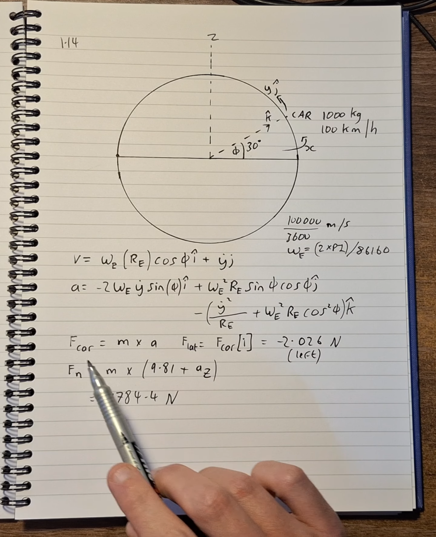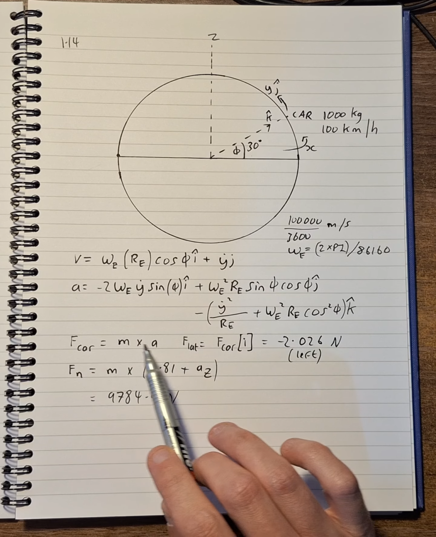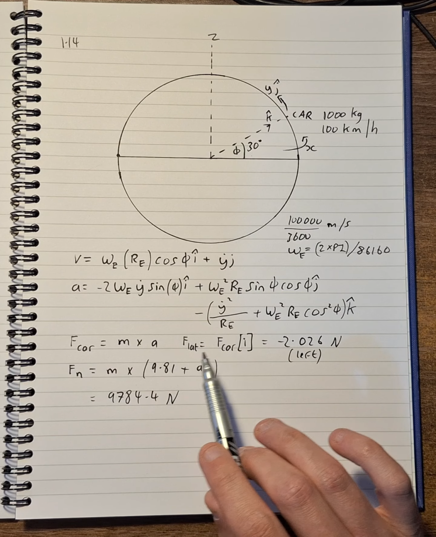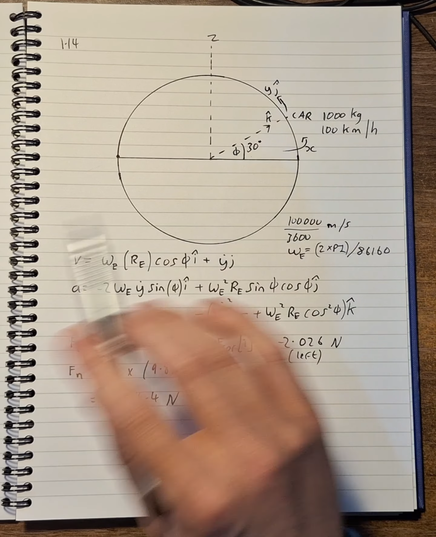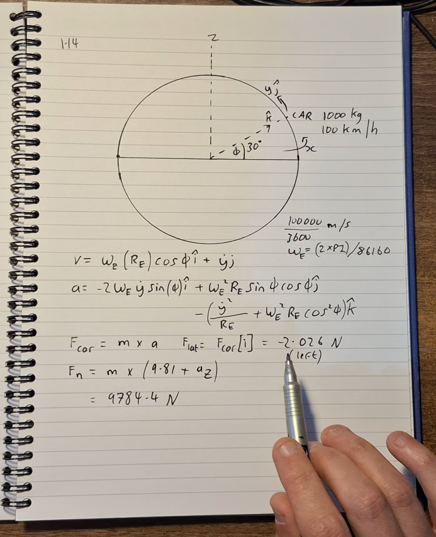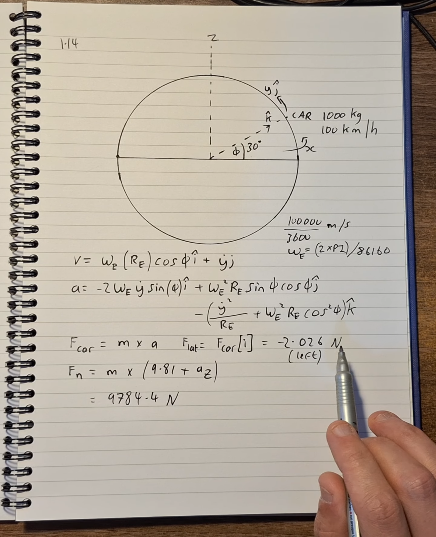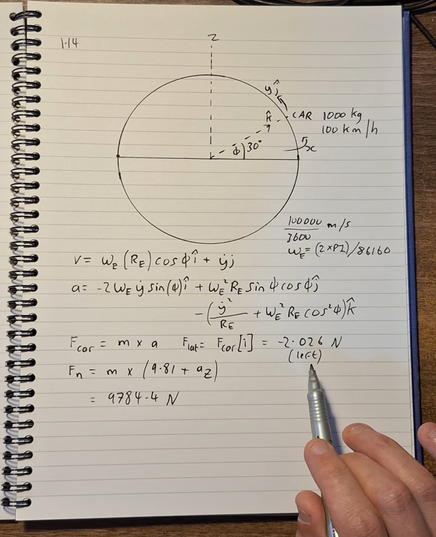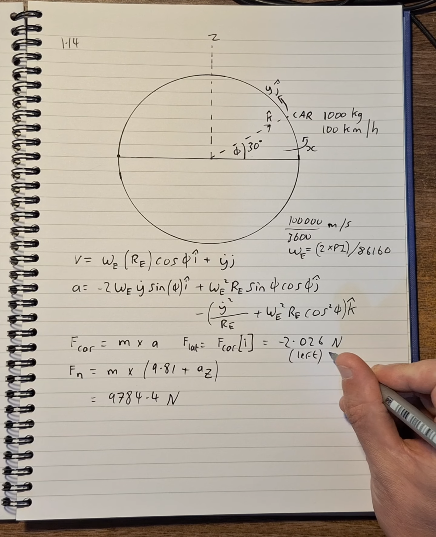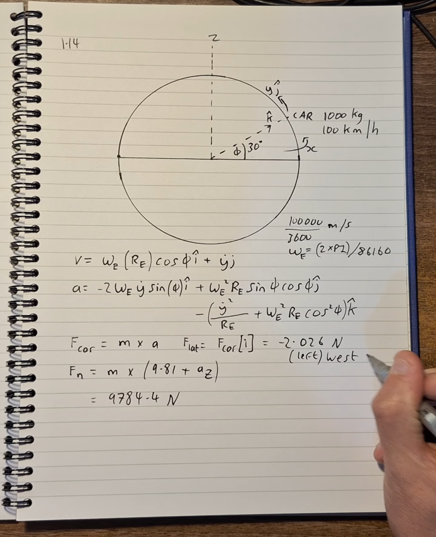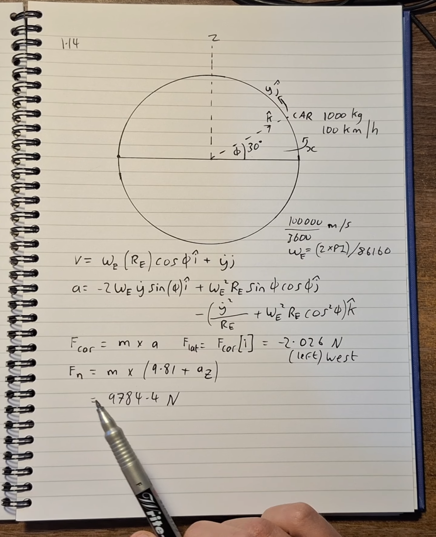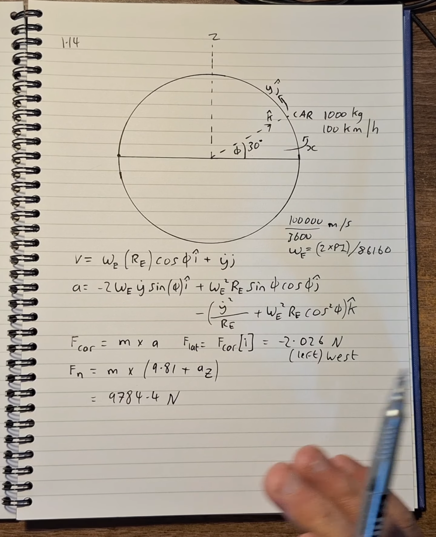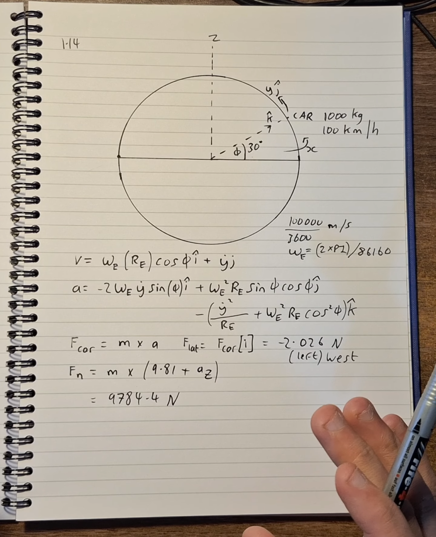So after we do the mass times the acceleration, we just take the i component, and that's the lateral component, and that's minus 2.026 newtons, which is left, right, west.